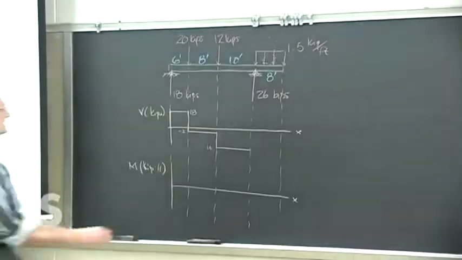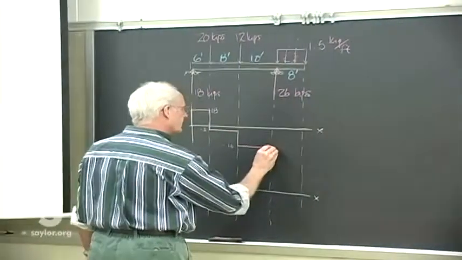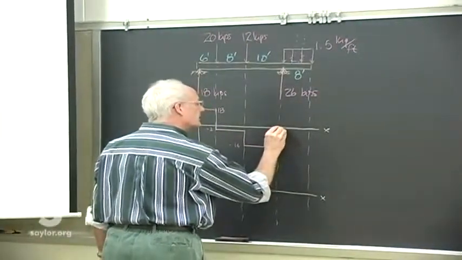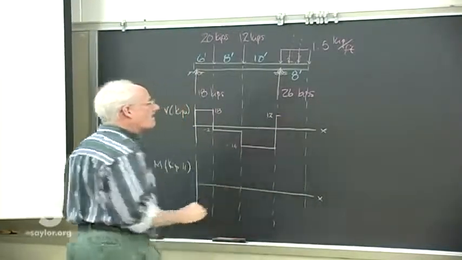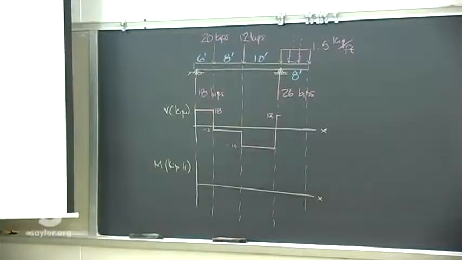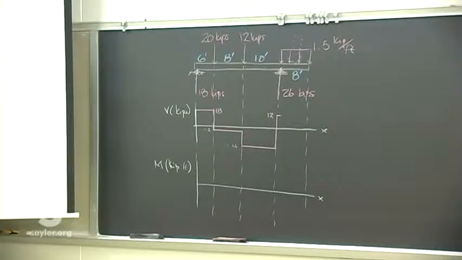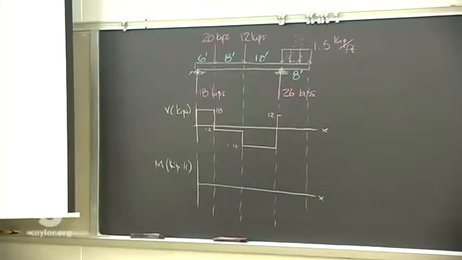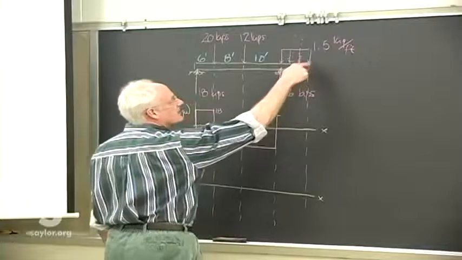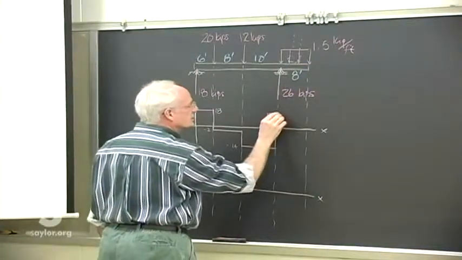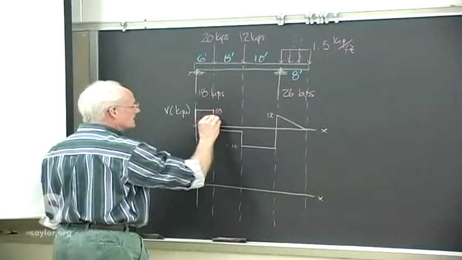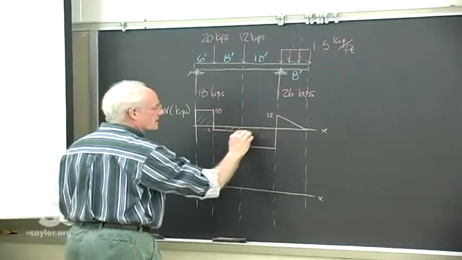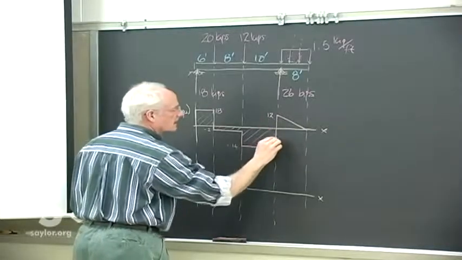We jump up by 26, so we're at 14, up another 12, puts us about right there. Then we have the distributed load that takes us out to a free end. That free end's not going to have any residual shear, so we'll finish at 0. We can get the shear diagram just that quickly.